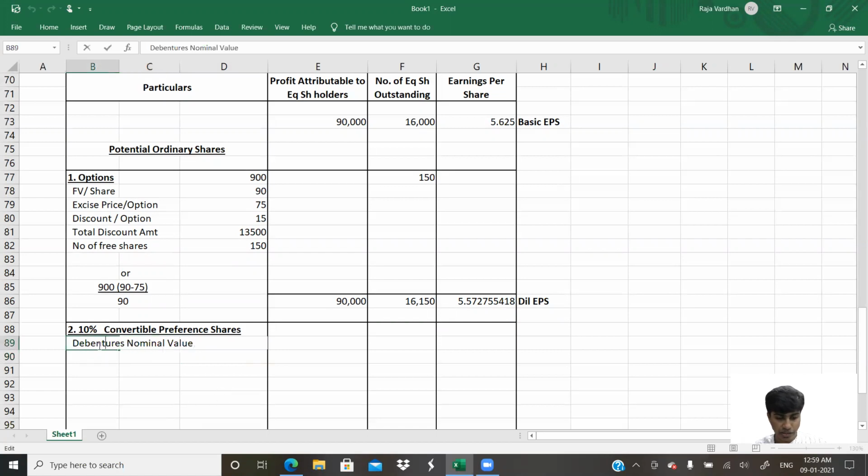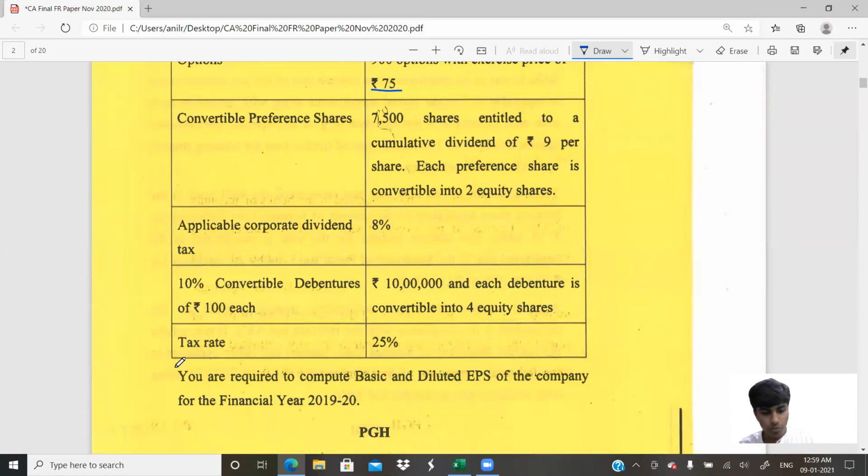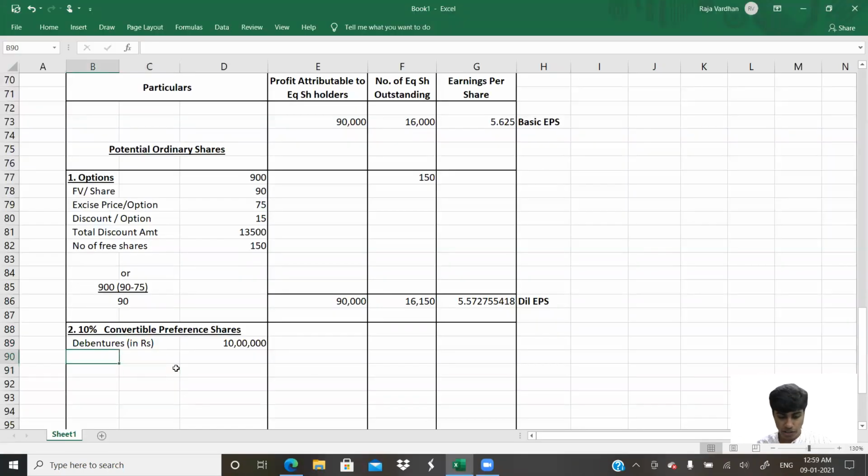I'll write debentures in rupees. Debentures in rupees is 10 lakhs. What have they given further? Rupees 100 each, nominal value per debenture. I'm teaching this in such a way that even an intermediate student should be able to understand how exactly this final paper is solved. So 100. Okay, perfect. Then number of debentures will be how much?